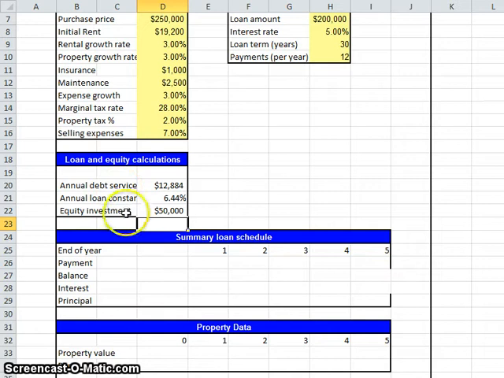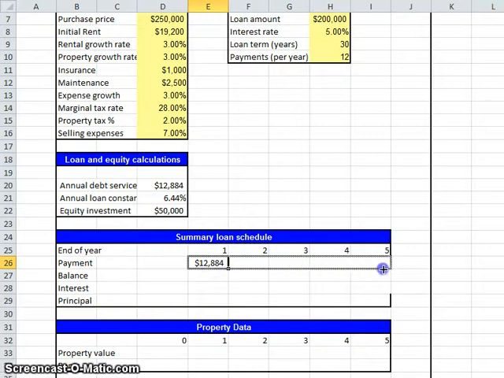So all of those are in there. Our payment per year is obviously going to be the same each year, so that's going to be our 12,884. So I'll do this. Take that across.